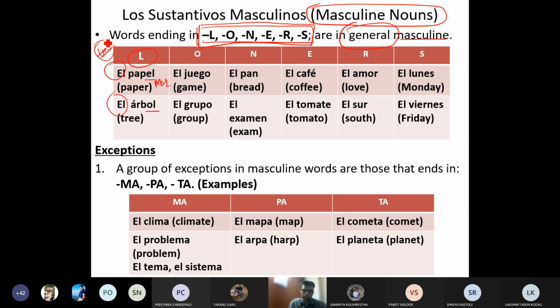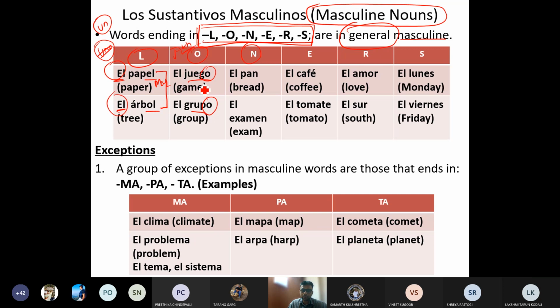You can use the indefinite one, un papel and un arbol. That's fine. The important thing is that both are masculine, so we are using the masculine singular article el. Next one, ending with O, it is juego and grupo. The letter J is pronounced as kh, so it is juego, and here it is simply grupo, el grupo and el juego.